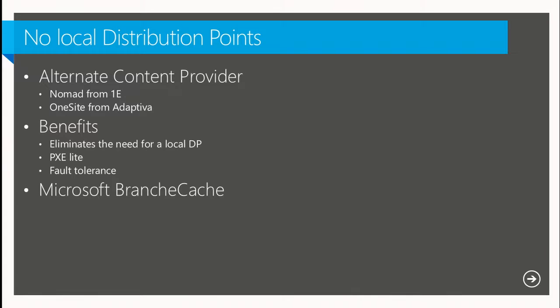We're a 1E shop, and we've been using Nomad from 1E for years, and it helps me get away from the hundreds and hundreds of DPs that we used to have. We manage those 365,000 clients with about 50 servers now. It just works on an election process where I'm asking a machine there to grab this application, go install that.